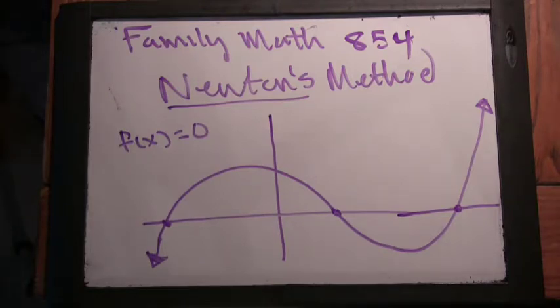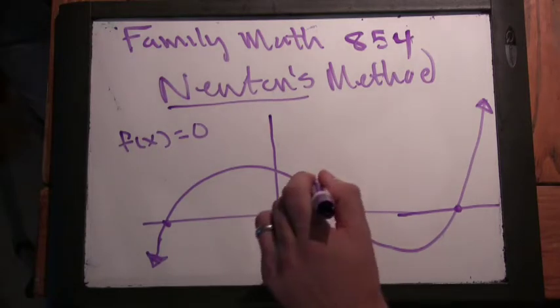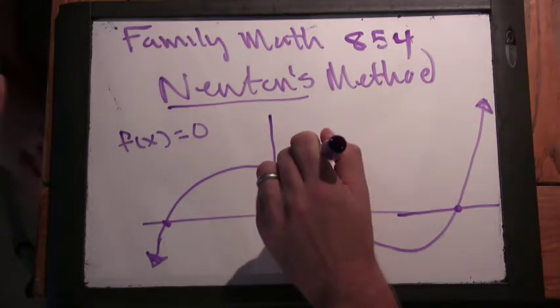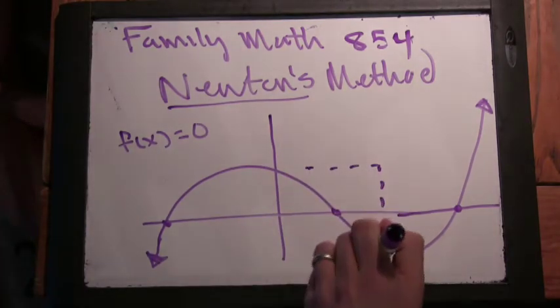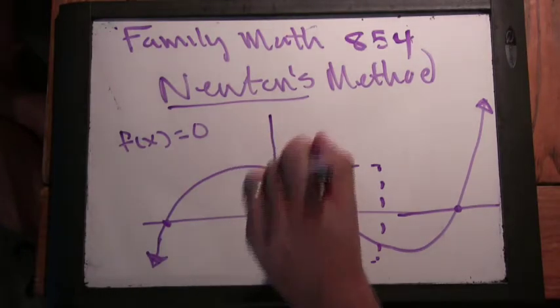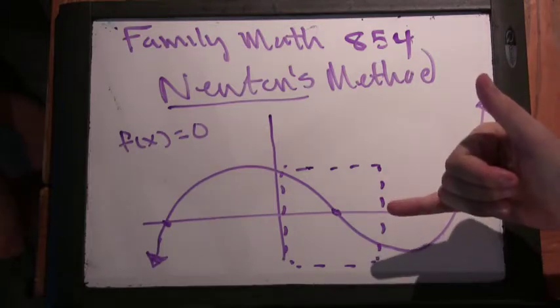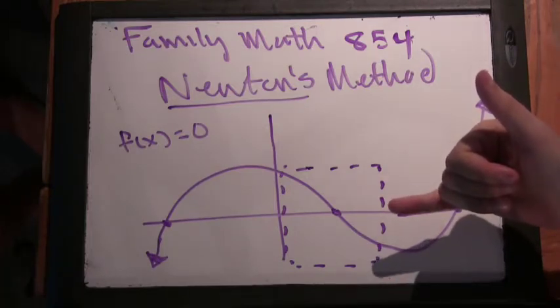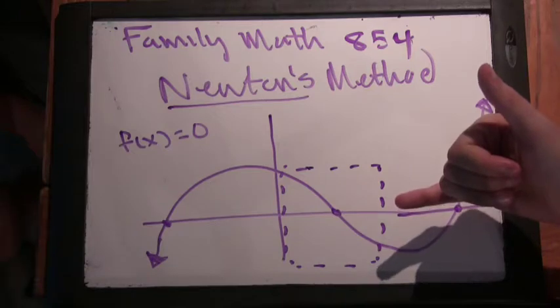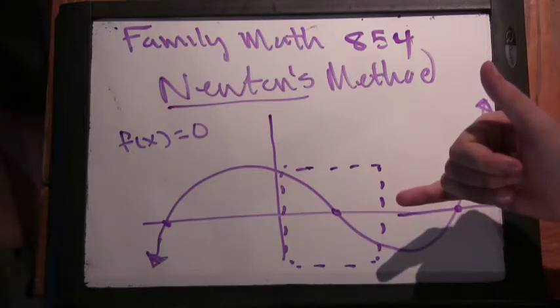So I'm going to focus on trying to find this root here. And what Newton's method says is, hey, we don't necessarily know how to find that root. There's not necessarily a formula, but we're going to use some ideas from calculus, and those ideas involve something called a tangent line.